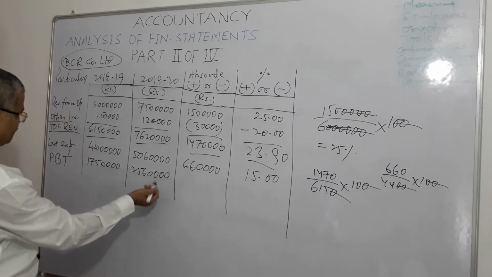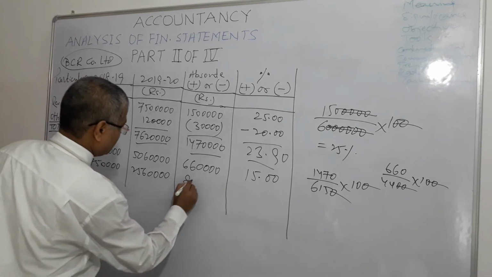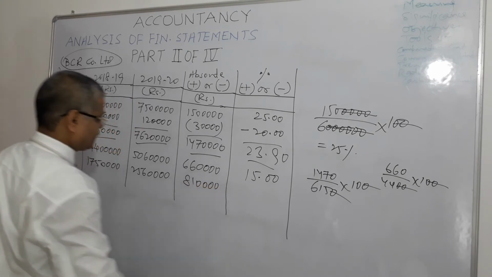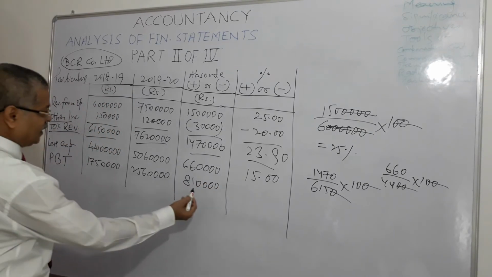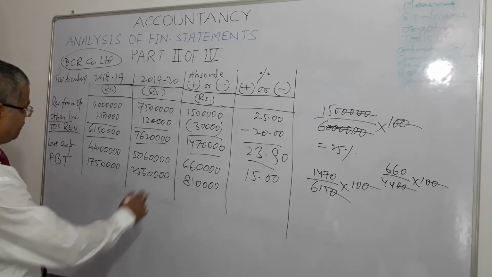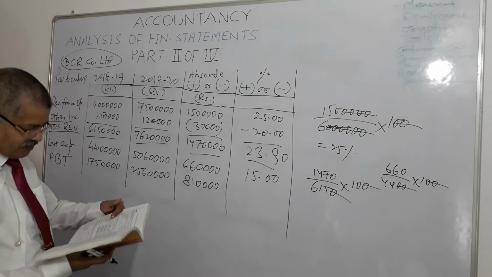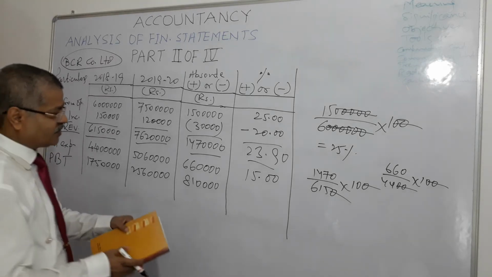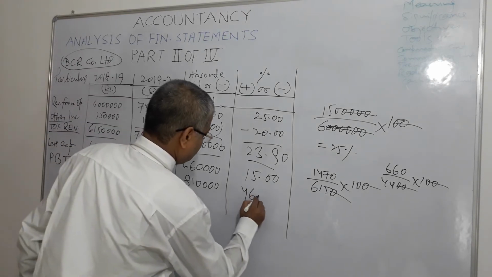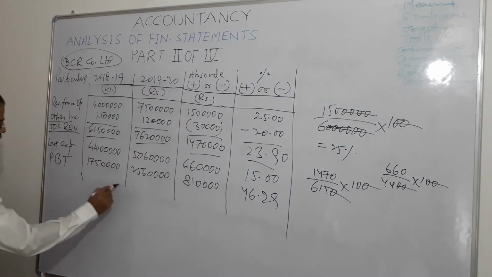And the difference is 2560 minus 1750, 8,10,000. And what is the percentage? 8,10,000 as a percentage of 17,50,000, right? It will be less than 50%. It is 46.29% to be precise.